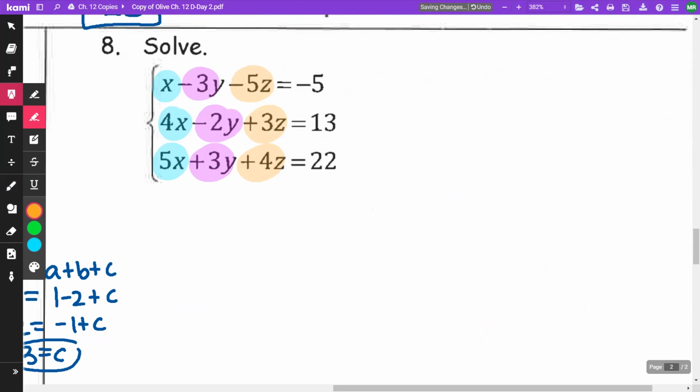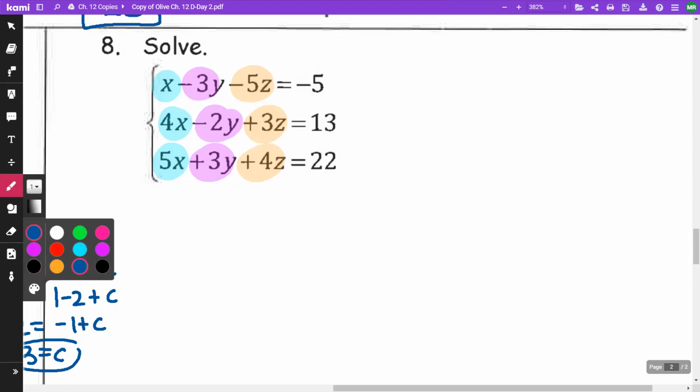I probably would stay away from my z's. My y's would cancel really easily, the -3y and the +3y, but I have to do a little more effort with the 2y. So I think I'm going to do my x's because I have this one here that has just x, so I can times that by anything to eliminate the other two.